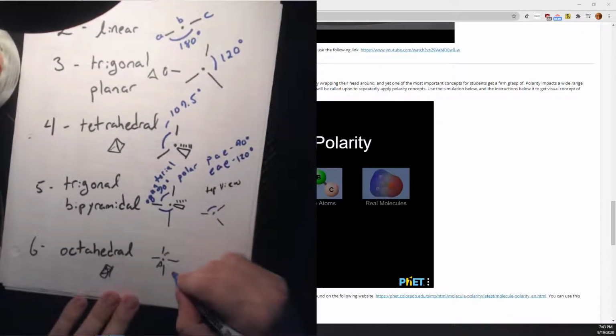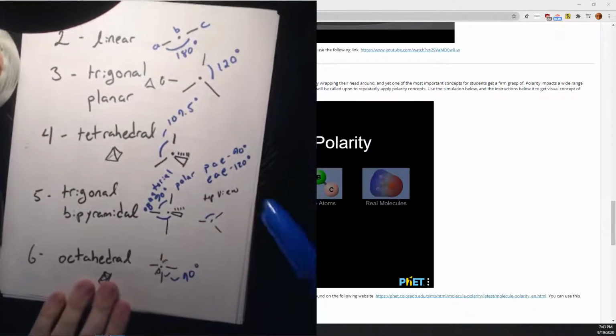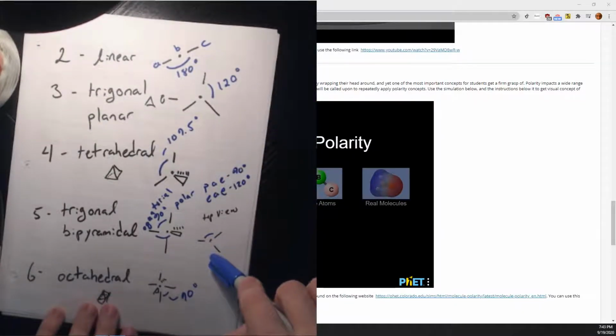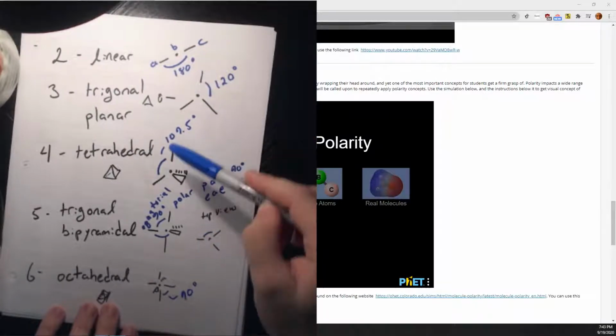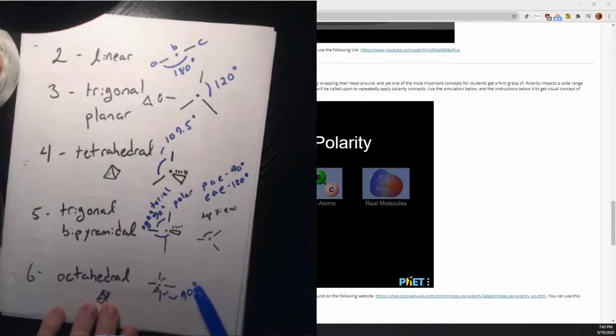And then coming back to the octahedral, these guys are nice and regular, just a lot of 90-degree angles. So you can see, as we pack more electron domains around here, it starts to get more and more crowded. Okay, the bond angles just get smaller. So 180, 120, 109.5, then a mixed 90 and 120, and then finally just plain 90.